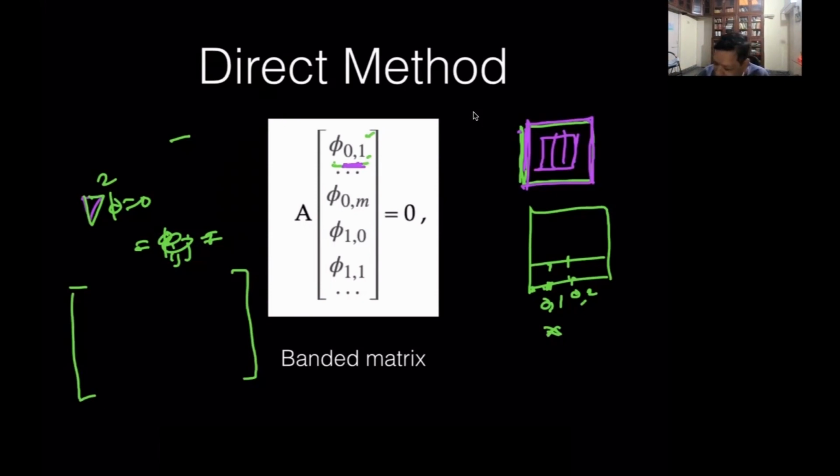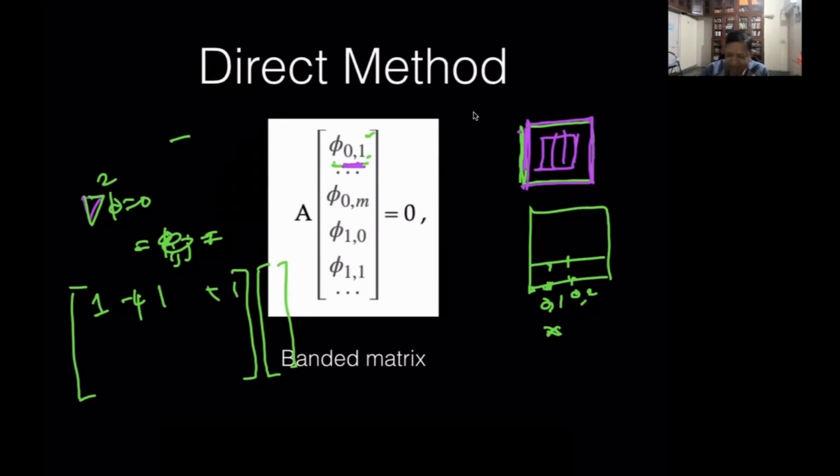So we get this matrix A, which has 1 and minus 4. This is called a banded matrix, since only the neighbors are in the equation. 1, minus 4, 1, 1, and at some point there will be 1, 1 here for j.